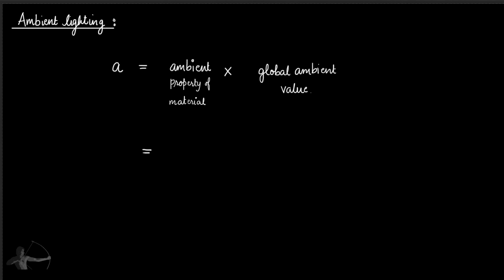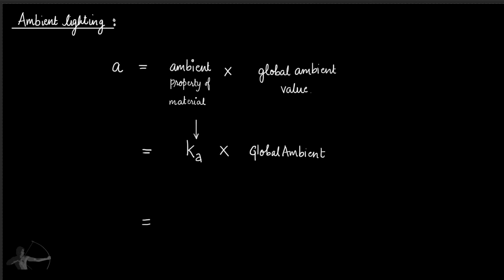In so many books or on so many resources of internet, you will see this equation as Ka multiplied by global ambient, where Ka denotes the ambient property of the material.